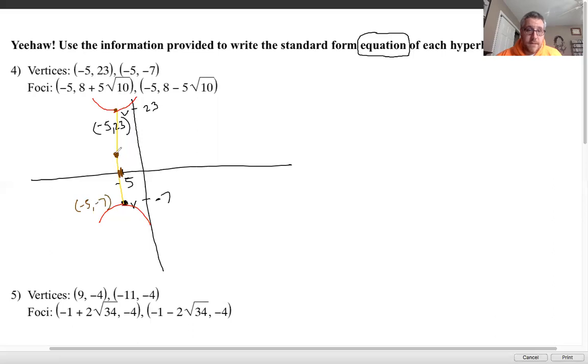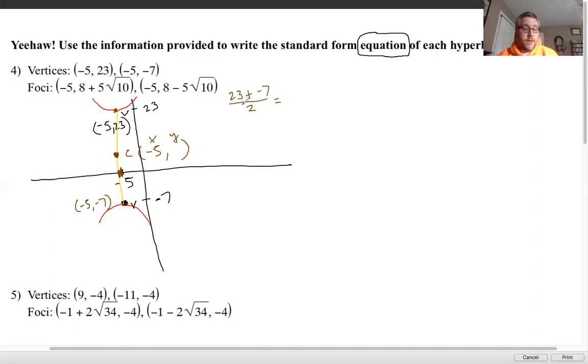So the center is still going to be -5 something. How do you get that something, or how do you get the y value? Well, it's a midpoint. So this y coordinate here, it's directly in the middle of 23 and -7. So how I do it is quite frankly, I just find the average. So I take this y coordinate, which is 23, plus the other y coordinate, which is -7, and I divide by 2. It's an average or a midpoint.